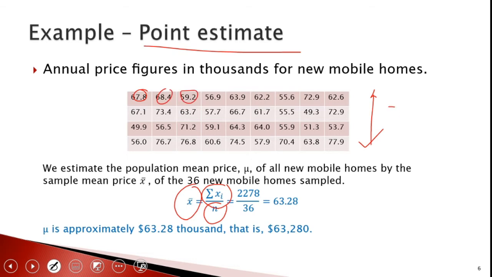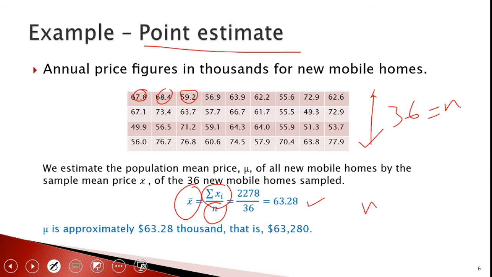Okay, there are 36. So n equals 36. So summation of xi, summation of all these values, becomes 2278. So n is equal to 36. You can get this value, 63.28. So this is your x bar.